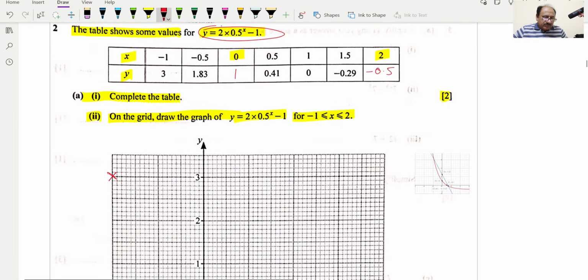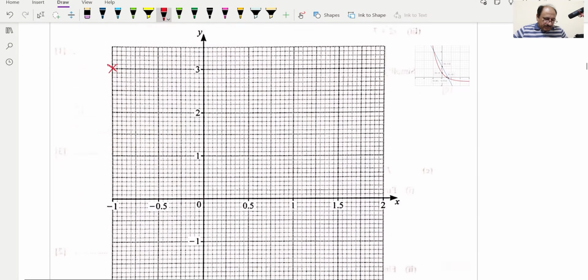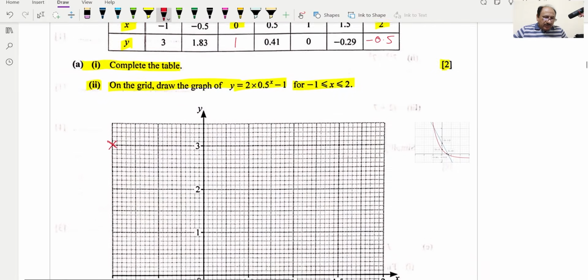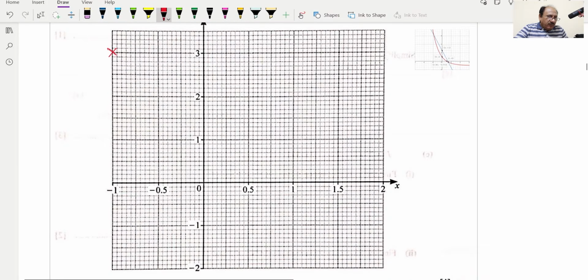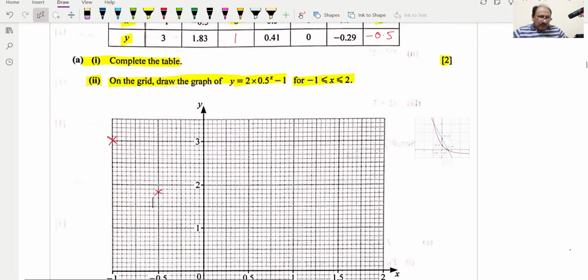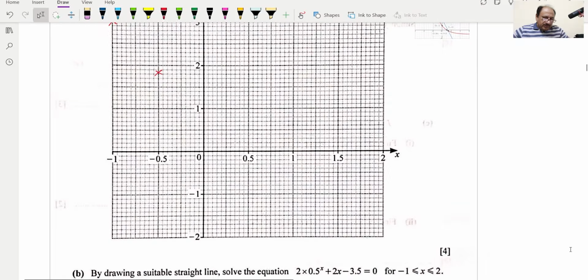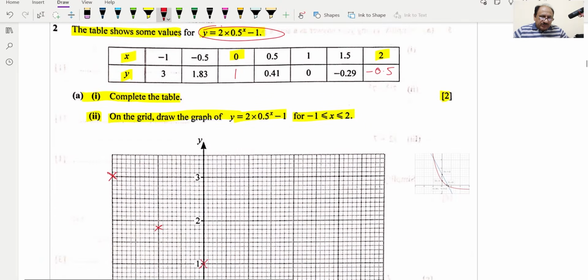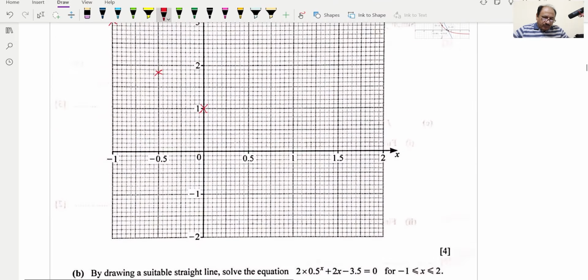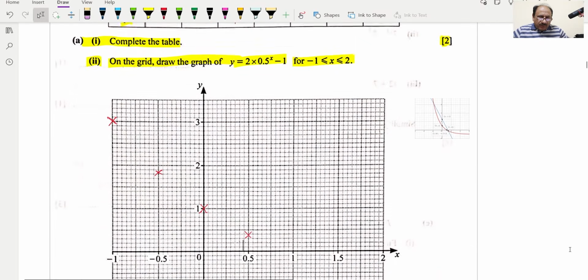The second point is minus 0.5 and 1.83, which will be like over here. Then 0 and 1 is this one, and the next point is 0.5 and 0.4, which will be over here.